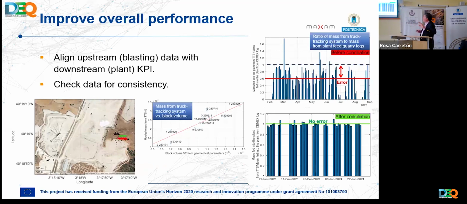This is the ratio of the truck tracking system calculation and the actual data provided by the plant. And you see that this ratio in some cases was nearly 0.1, sometimes it was close, but there was an average error of 40%, when the ratio should be 1 for an excellent estimation.